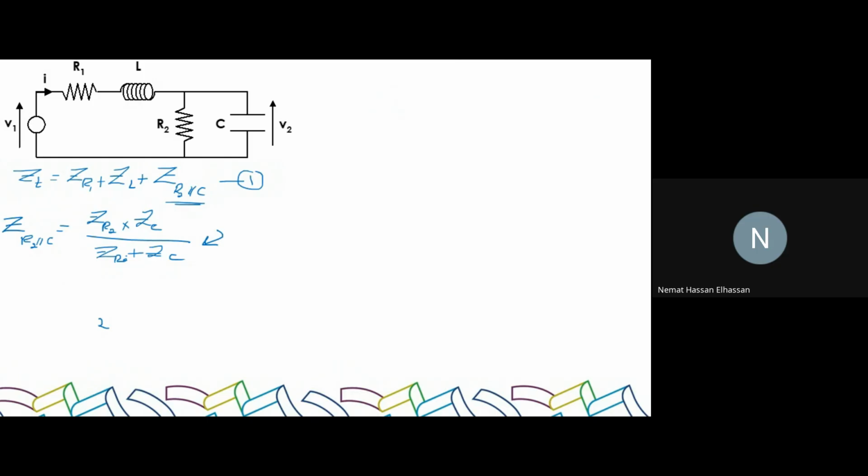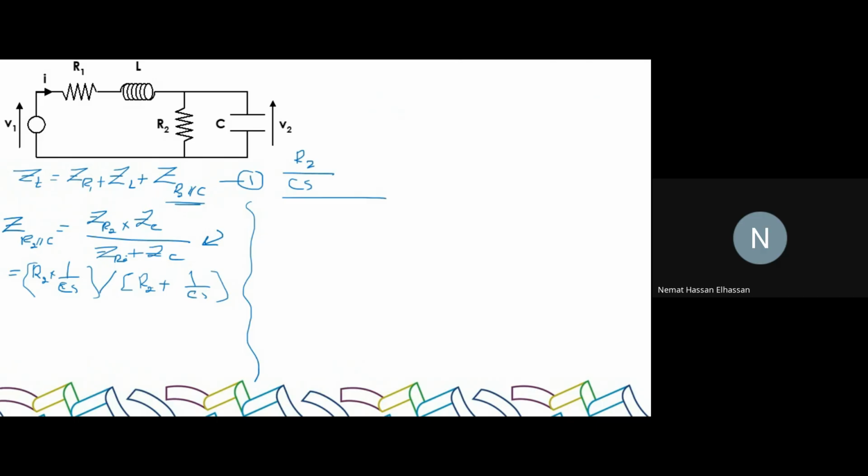So it is equal to R2 times 1 over CS, divided by R2 plus 1 over CS. Now I just have to restructure it: R2 multiplied by 1 over CS is R2 over CS, all divided by R2 plus 1 over CS.